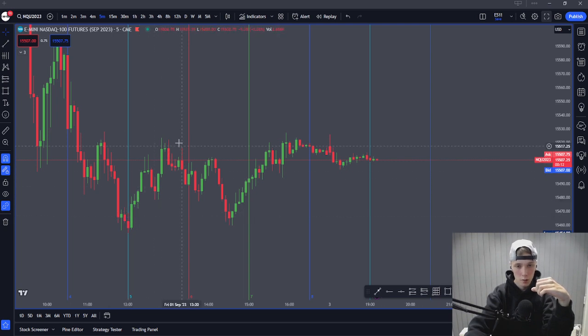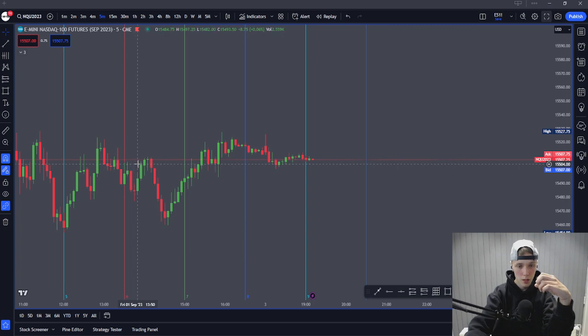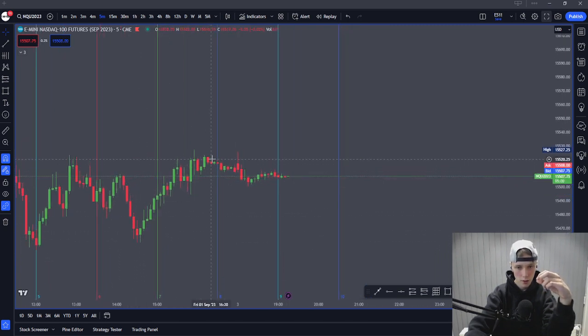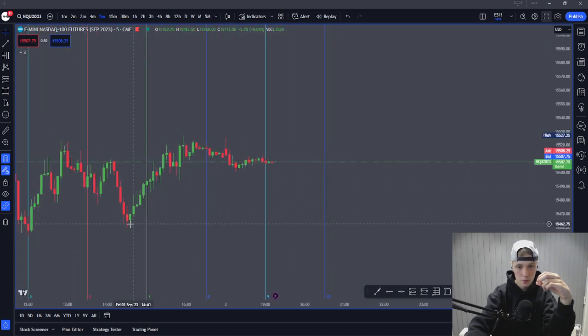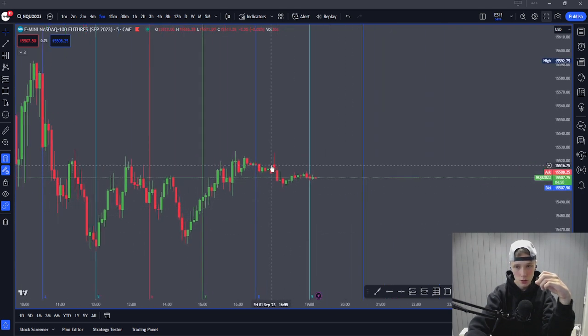I mean, I wouldn't call this accumulation. I mean, you could call this accumulation. Maybe this range right here, accumulation. But then manipulation to the downside, and then distribution to the upside, and then continuation. Right? Accumulation, manipulation, distribution, continuation. Actually, this is reversal.